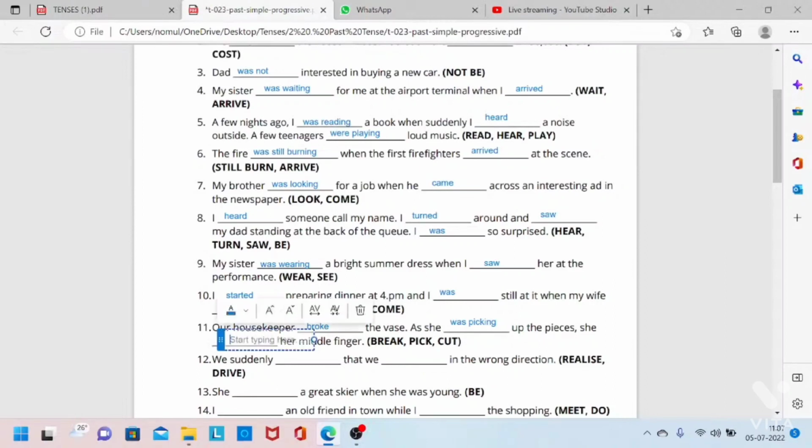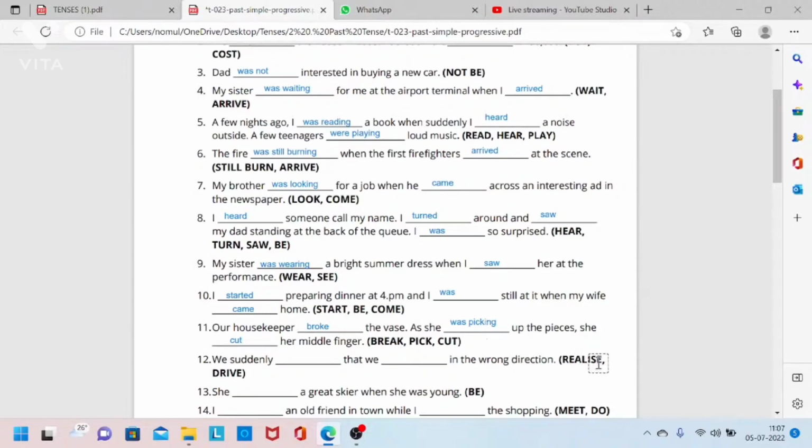Okay, she cut. Using cut here we have to do that. She cut her middle finger. Okay, our housekeeper broke the vase. As she was picking up the pieces, she cut her middle finger. Okay, using break, pick and cut we have completed this.